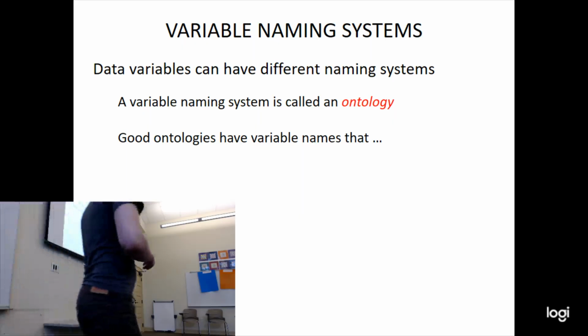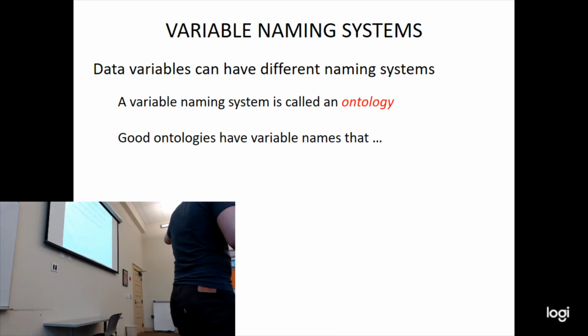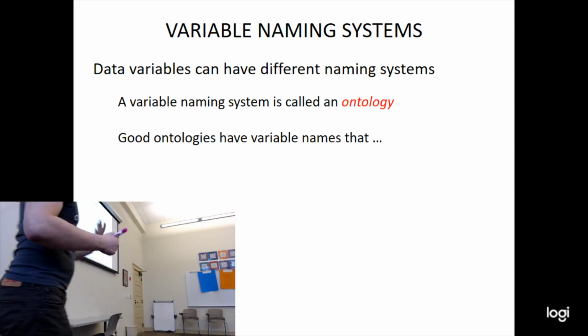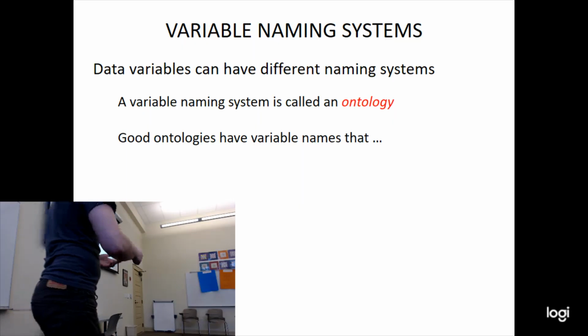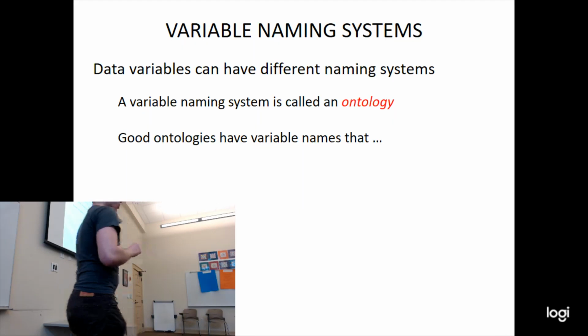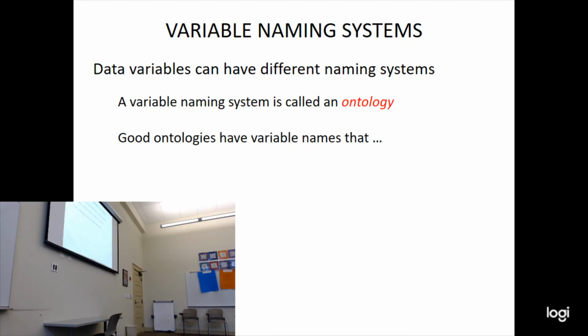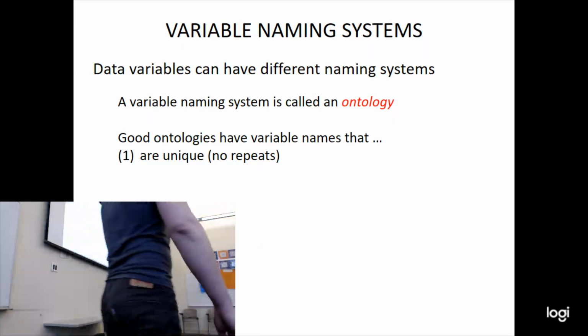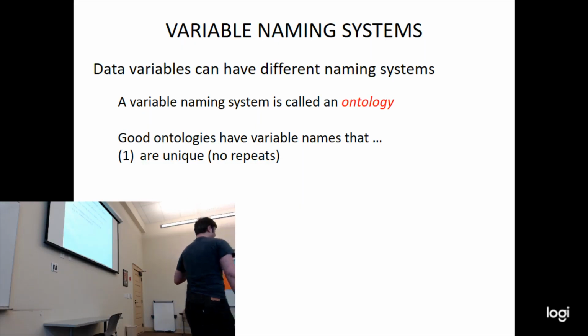Good ontologies for naming variables in data sets have a couple of different characteristics, and we've gone through all of these in one way or the other with those examples. First, you want each variable name to be unique, so you don't want repeats.